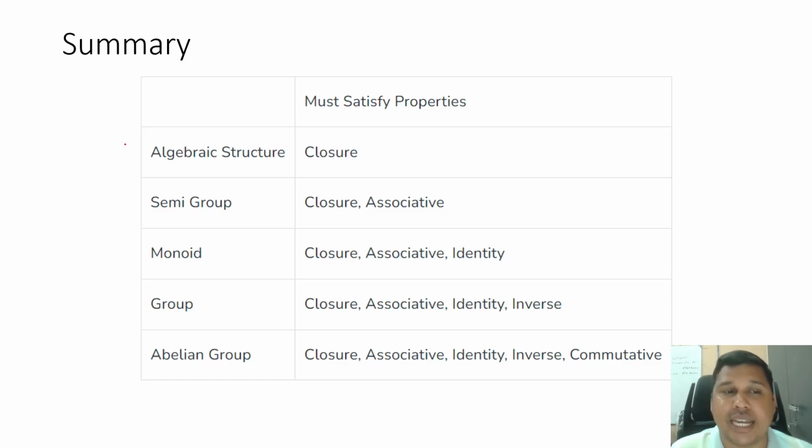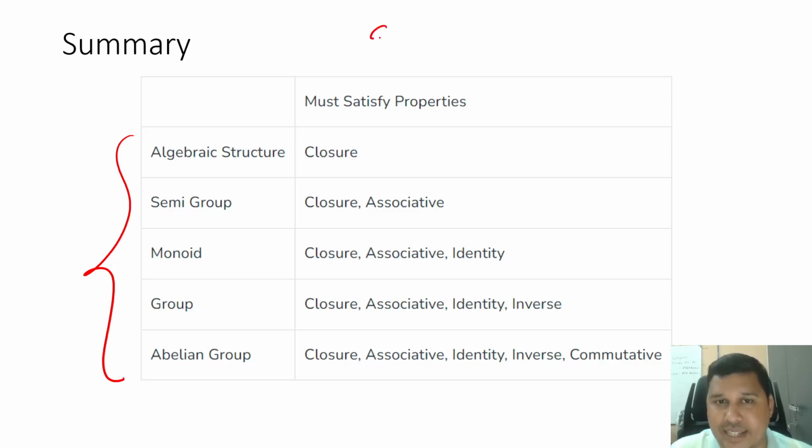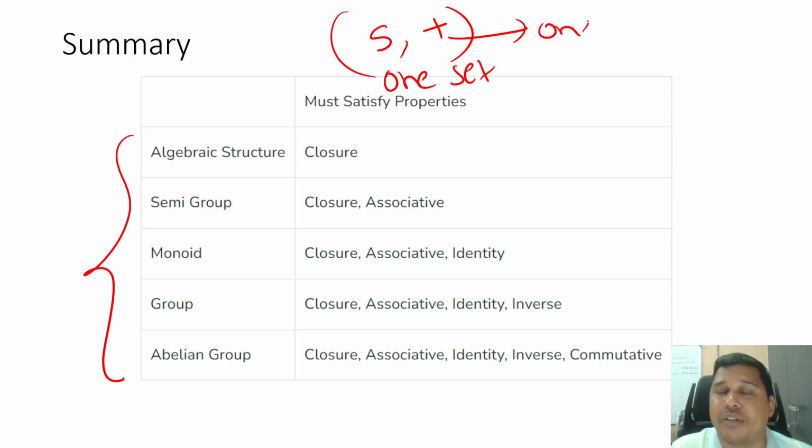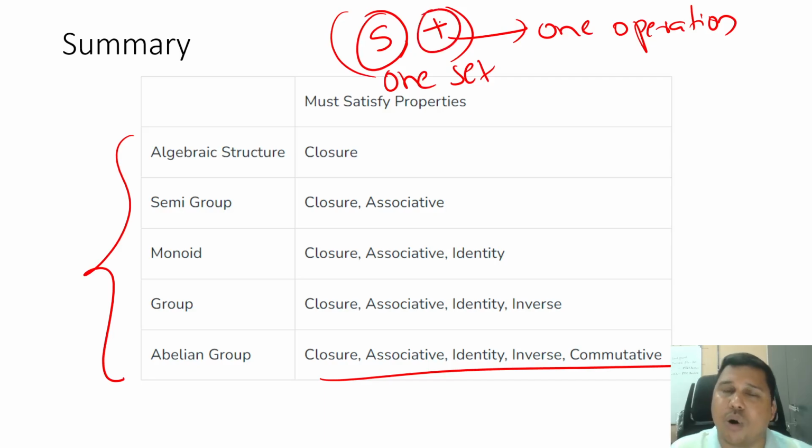Till now, in all these 5 algebraic structures, I am talking only about a set S and only one operation. One set and one operation. If this set satisfies all the 5 properties over addition, or over any operation given, we call it an abelian group.